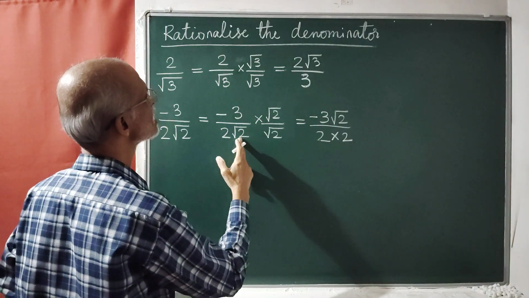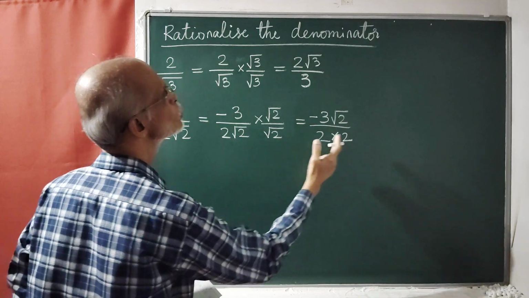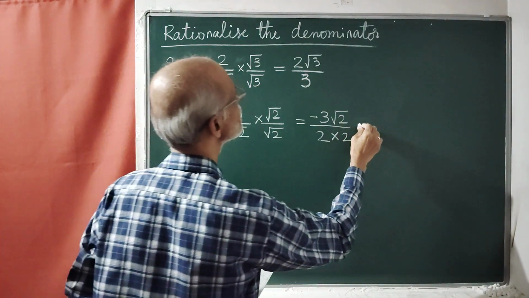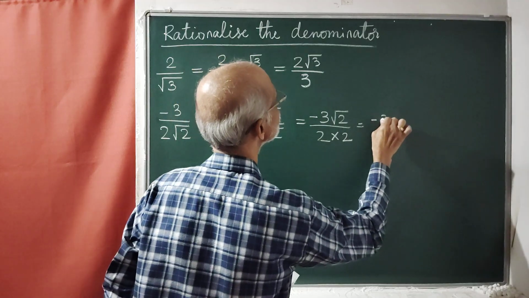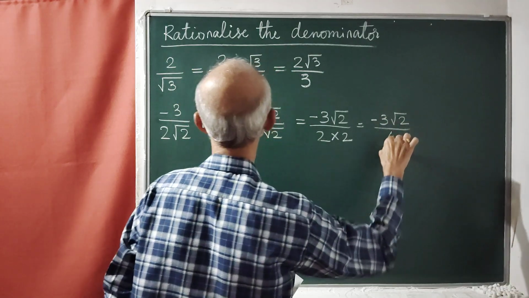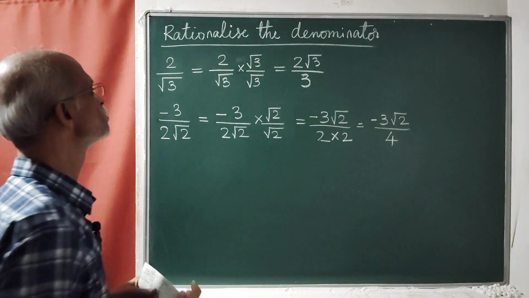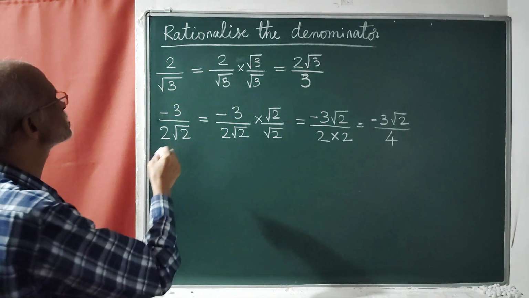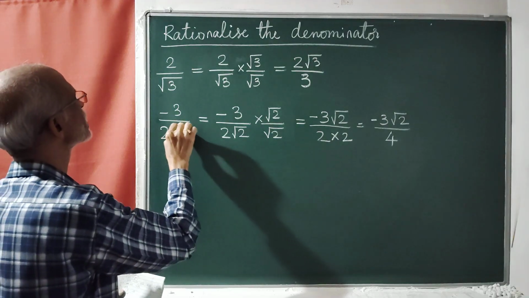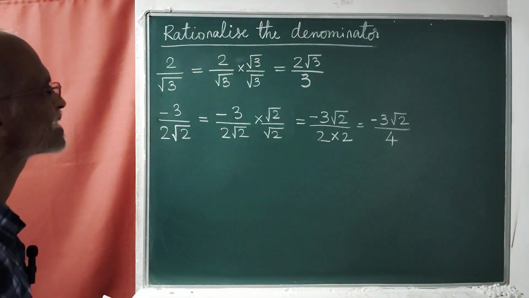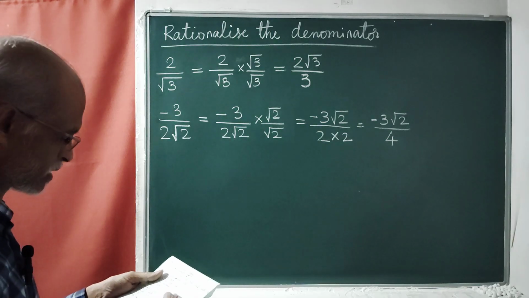Again, the inside number with the inside number, I will get 2 because root 2 and root 2 is 2. So we will get minus 3 root 2 by 4. So that means the root symbol has disappeared. This is called rationalizing the denominator.